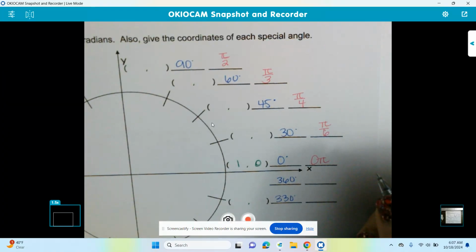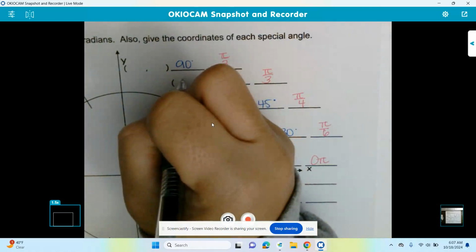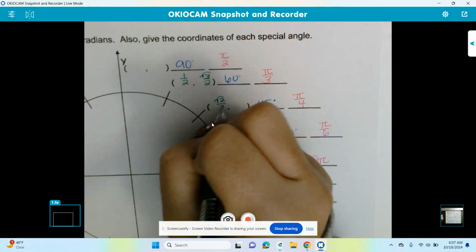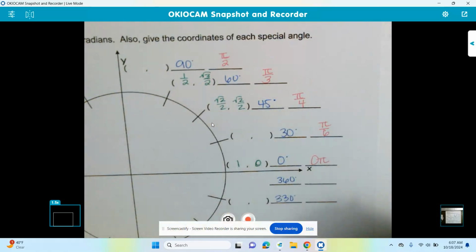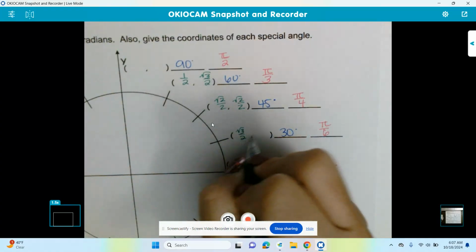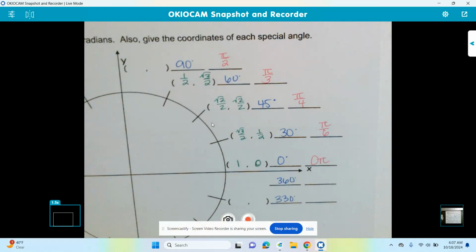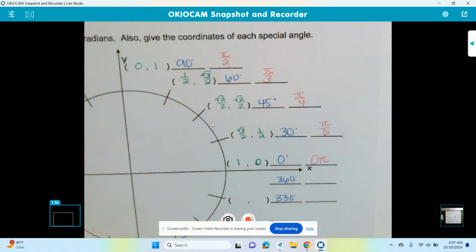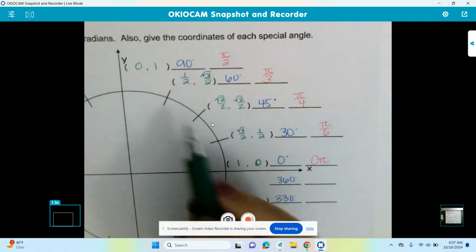So remember for 60 degrees, we were at 1/2, square root of 3 over 2. For 45, we're at square root of 2 over 2, square root of 2 over 2. And then for 30, we're at the square root of 3 over 2 and 1/2. All right, so that's your main ones. And then up here, obviously, we're at 0, 1.